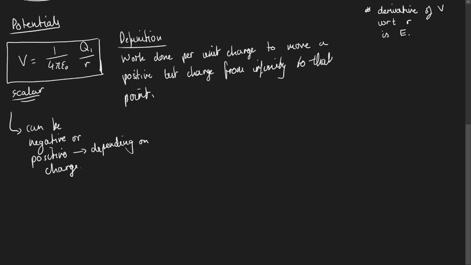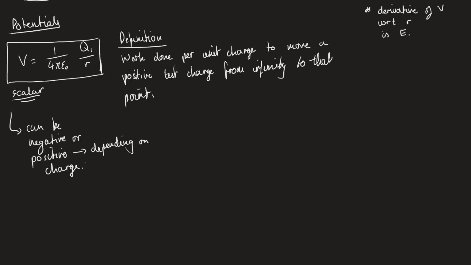And if the charge at the center of this field is positive, then your potentials are positive. Okay, that's because if you were to have a positive test mass in the field, it wouldn't require you to put in energy to take it away, because the forces that are there will naturally push the positive test charge away from the center of that field.